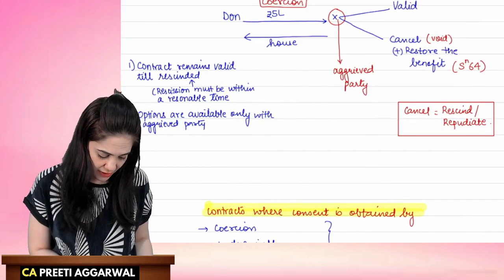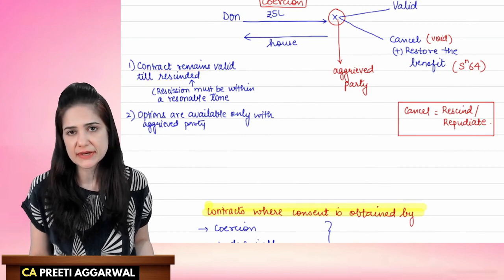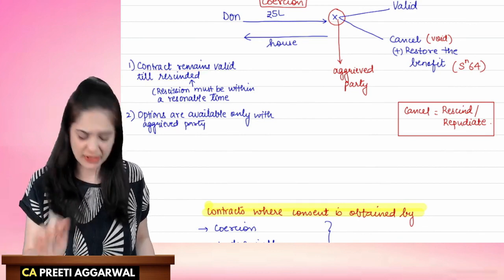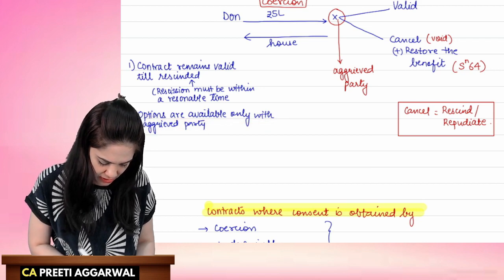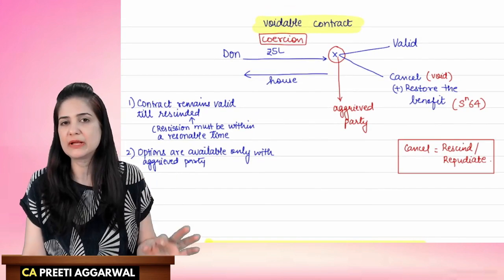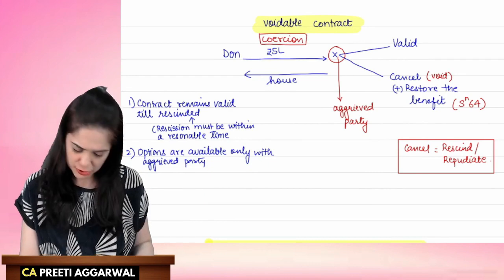So contract remains valid till it is rescinded. Till you take the decision to cancel, it will remain valid, and the options are available only and only with the aggrieved party. They are not available with the party committing coercion.